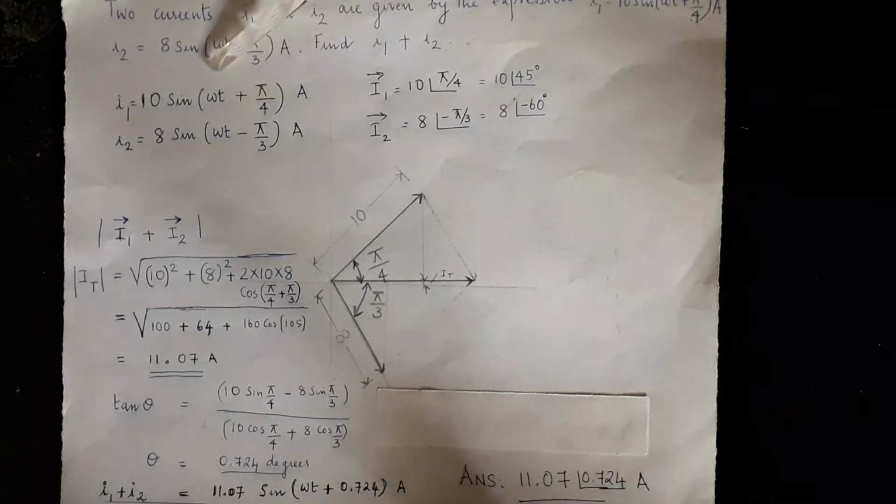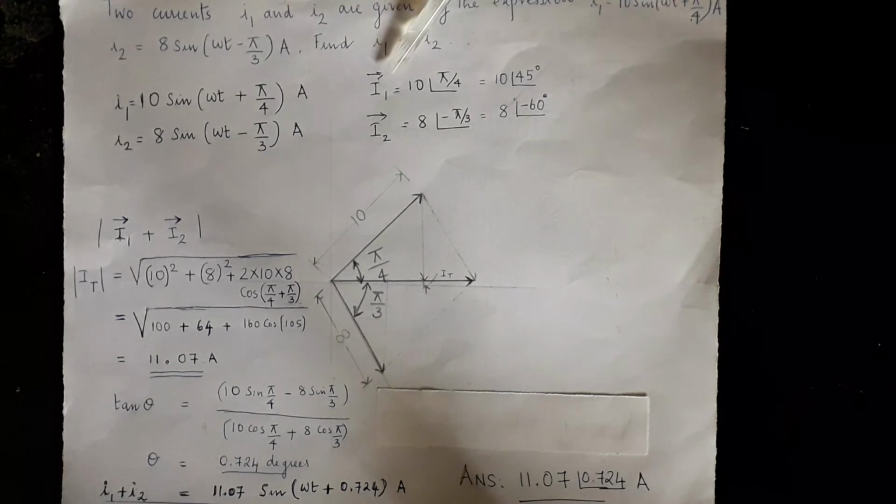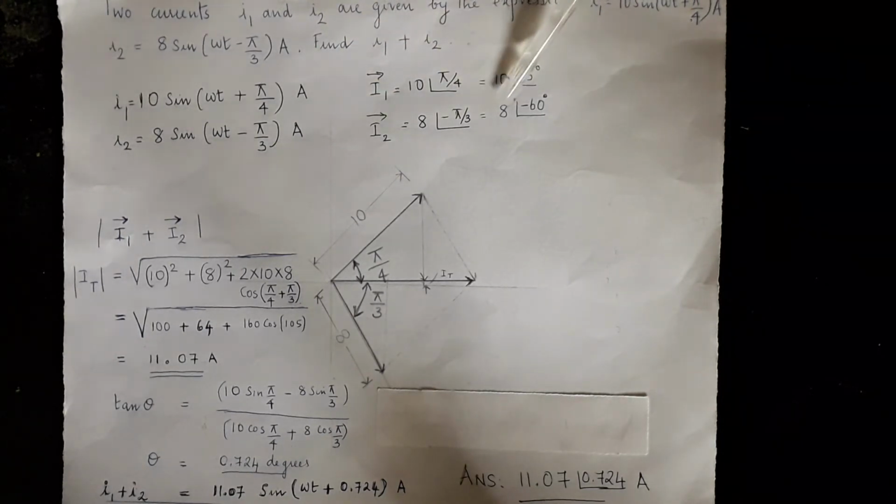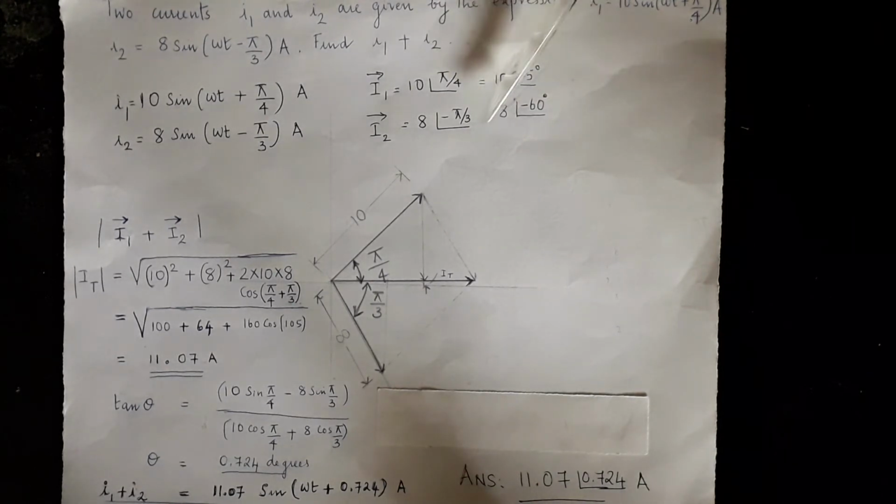Each sinusoidal quantity is represented by a phasor. I1 equal to 10 angle pi by 4, or 10 angle 45 degrees. I2 phasor is equal to 8 angle minus pi by 3, or 8 angle minus 60 degrees. The plus pi by 4 and minus pi by 3 indicate that there is some other reference.